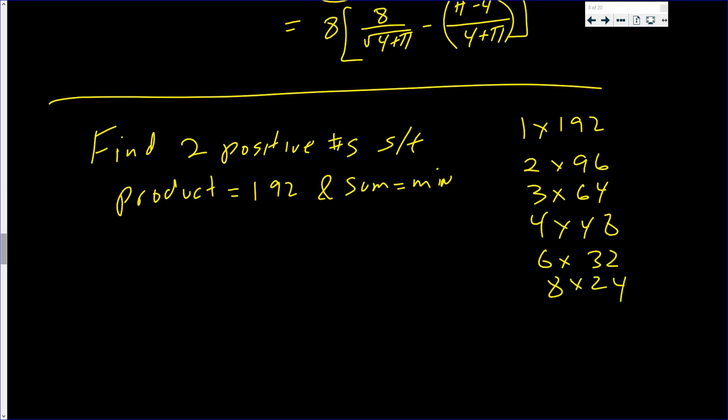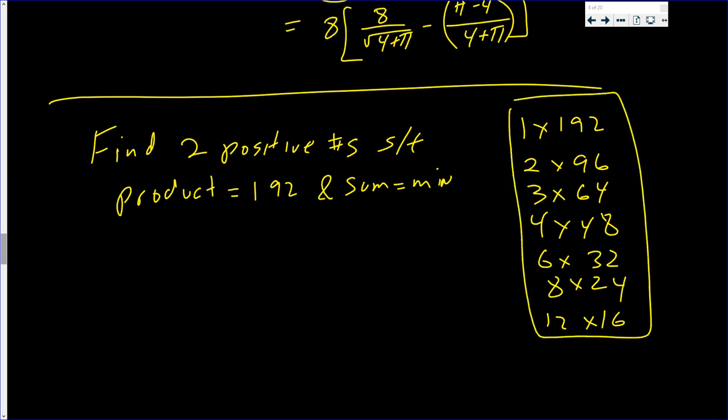There's many different numbers that multiply out to 192, like 12 and 16, yeah, and those are the only ones I can think of. Okay, there might be a couple of others.